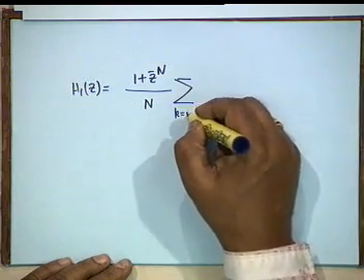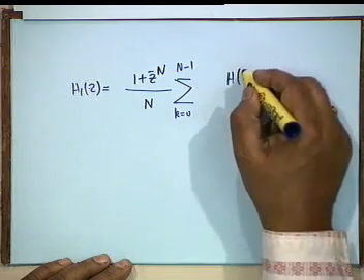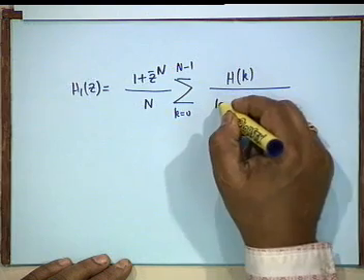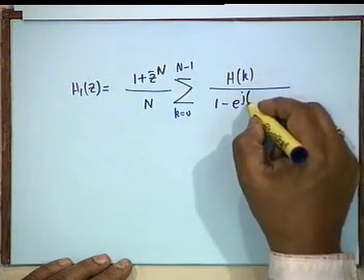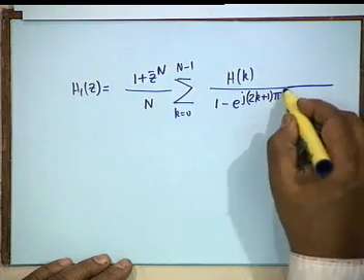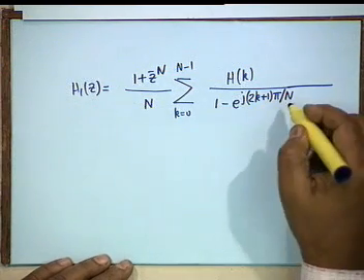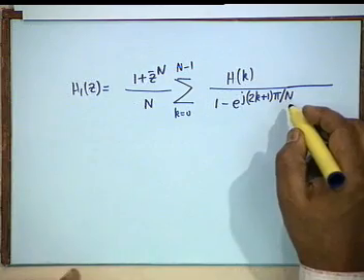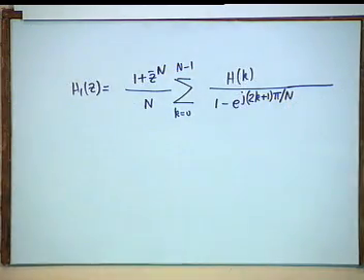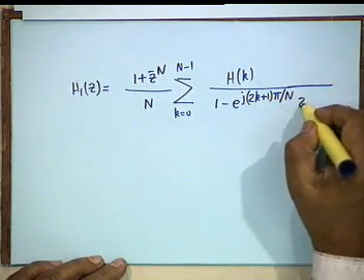K equal to 0 to N minus 1 is the number of samples, H k divided by 1 minus e to the j 2k plus 1 pi by N. Instead of k pi by N, it is 2k plus 1. Instead of 2k pi divided by N, it is 2k plus 1 pi by N, z inverse.